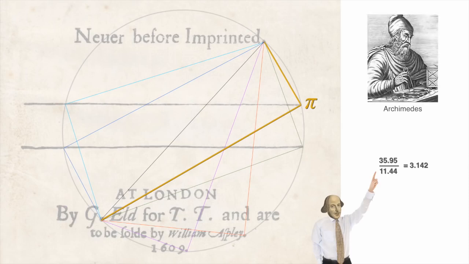Archimedes calculated it almost this accurately around 287 BCE, so it's no surprise that Shakespeare would know this.